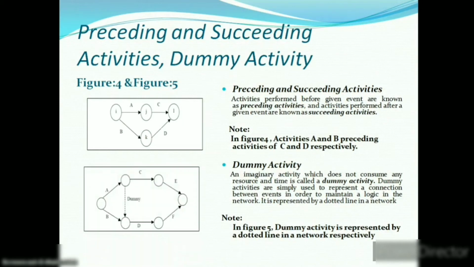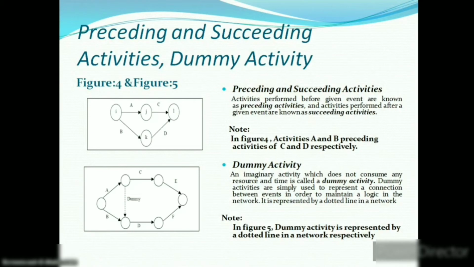Now moving forward to the next activity, that is the dummy activity. A dummy activity does not consume any resources or time. It is used to represent a connection to maintain logic in the network. It is represented by dotted lines. In a project, a situation may arise where 2 activities have the same beginning and end points. Such a situation leads to a lot of inconvenience.